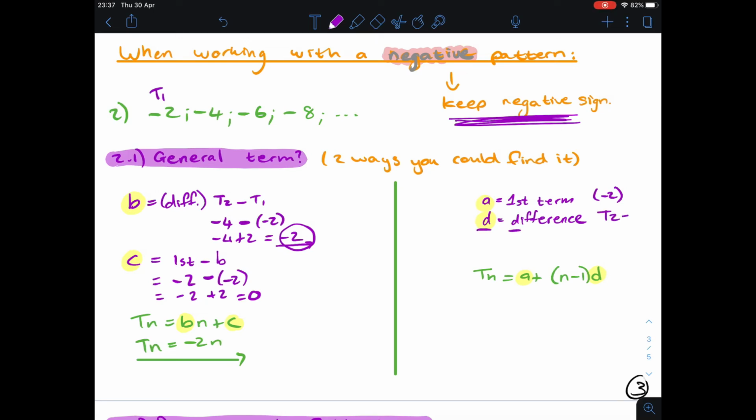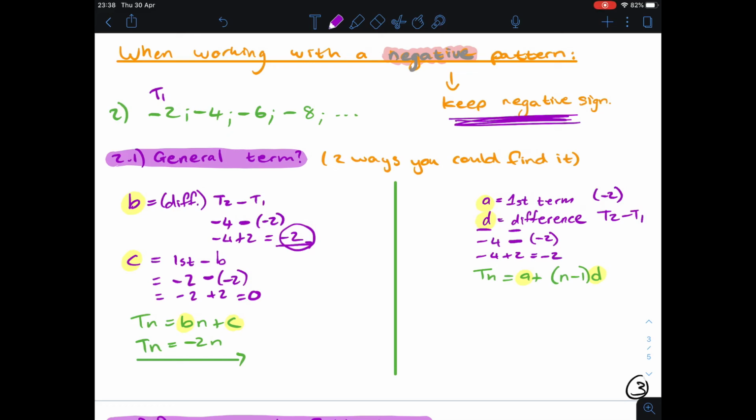So the difference is again term 2 minus term 1. Term 2 is -4 minus term 1. Term 1 is -2. So again, we are keeping this negative. Very, very important to keep the negative. That's what we've been saying the whole time. So -4 plus 2 is -2.